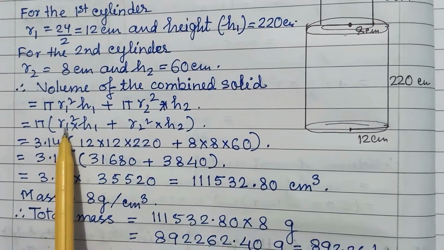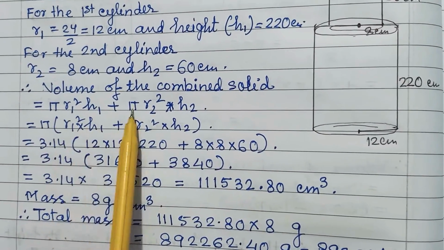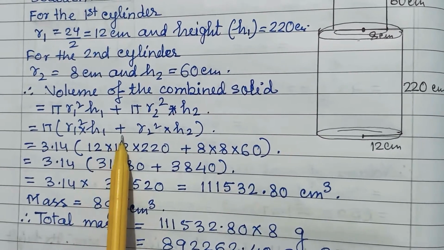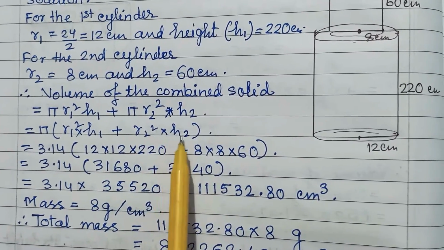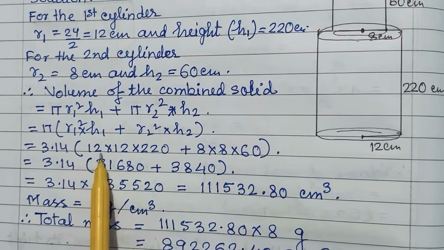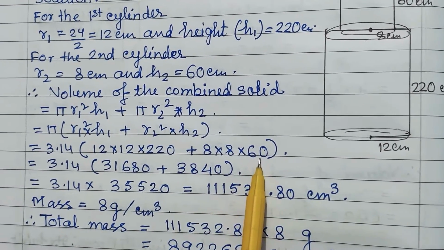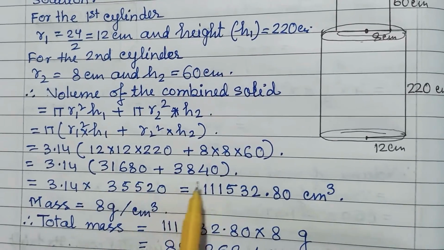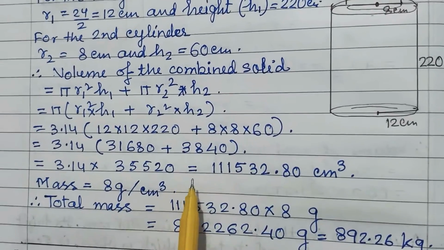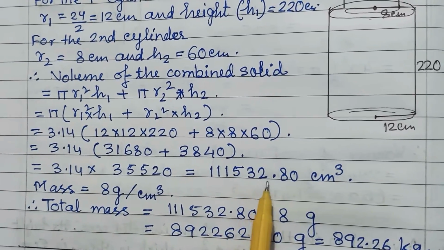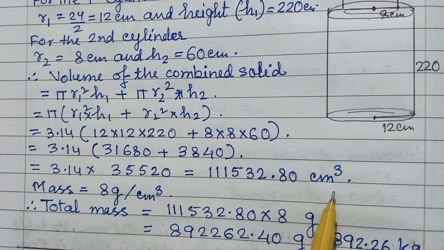Now substitute the values. We can take π common, then r1²h1 plus r2²h2 is equal to 12 into 12 into 220 plus 8 into 8 into 60. Now by calculation it is coming as 111,532.80 centimeter cube.